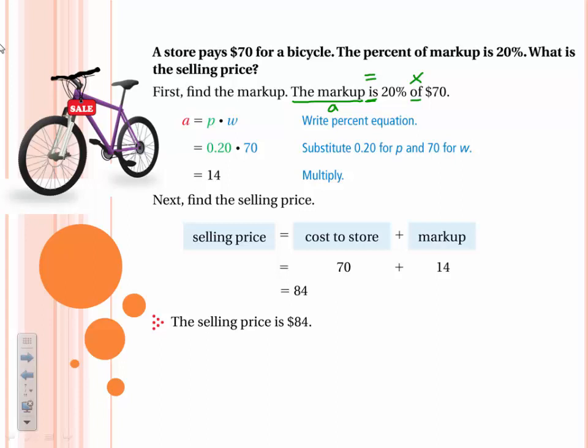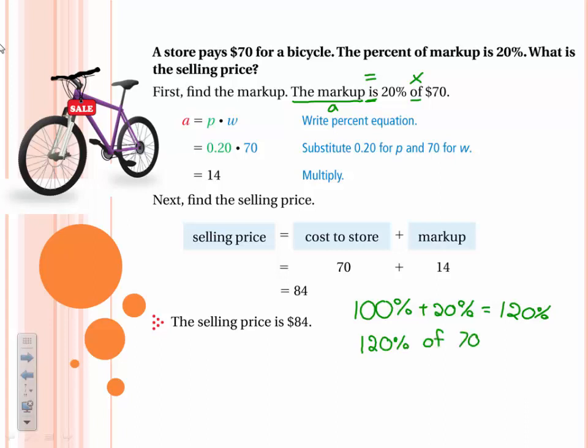Now this is the first method you can do it, but you can do it one other way. Just like before, how we had the 100% is the original amount, this is the same way. Instead of subtracting a discount, we're adding 20%. So now we get 120%. So we want to know what is 120% of 70.